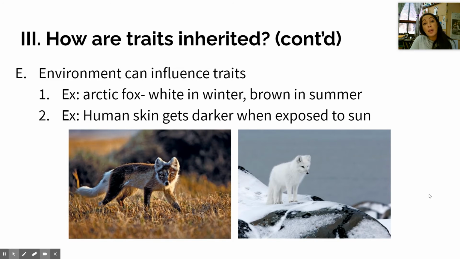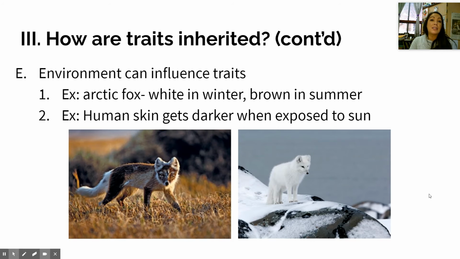In the spring and summertime, the Arctic fox is more of a brownish, tannish color to blend in with the environment. And then in the wintertime, you'll see the Arctic fox's fur turn completely white. We have some Arctic foxes at the Columbus Zoo, and in the different seasons, their fur turns those different colors. It's very, very cool.